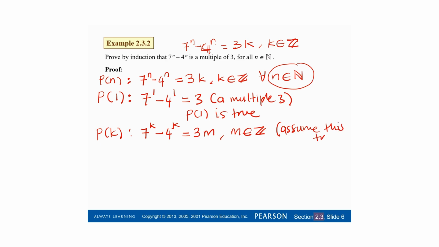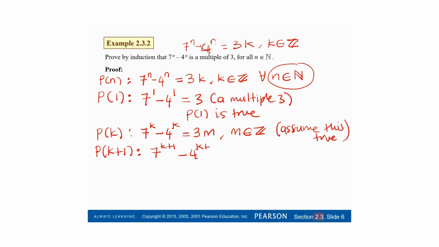We assume this is true. Okay, so the next one, we want to check for the case when n equals k plus 1. So we know that if n is replaced by k plus 1, we will have this formula, which means 7 to the power of k plus 1 minus 4 to the power of k plus 1.